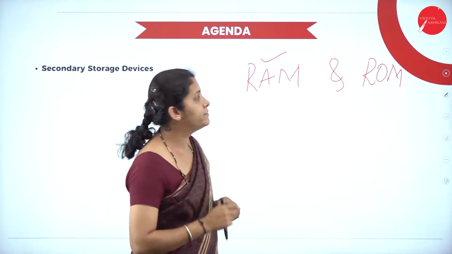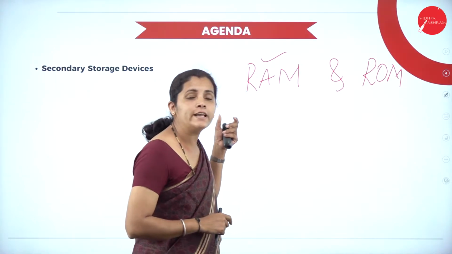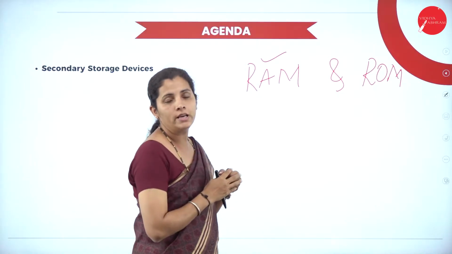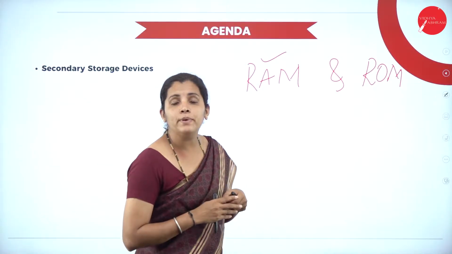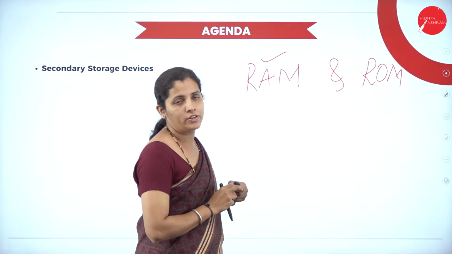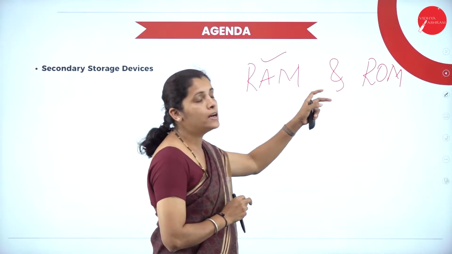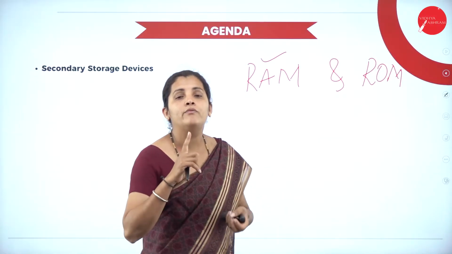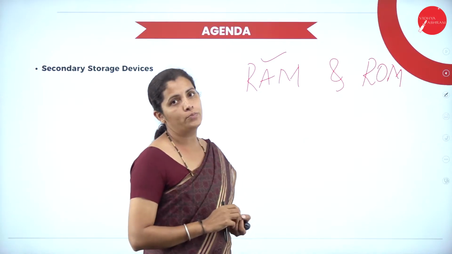That is the first difference. The second difference is, in random access memory, the user is capable of performing both reading and writing operations, whereas in ROM, the user can only perform read operations.